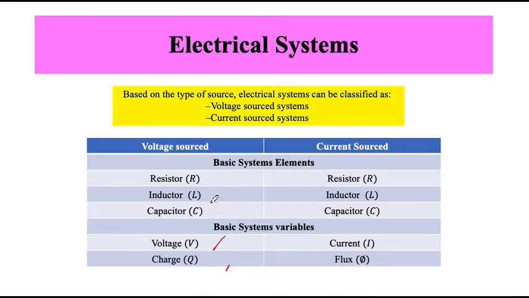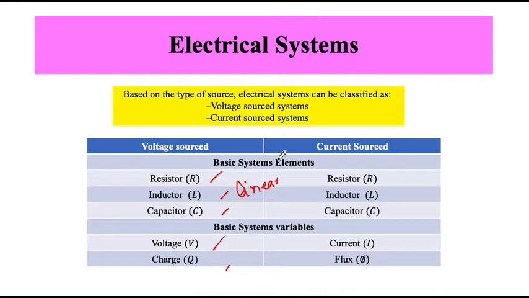We will see why this is true, why it is voltage and charge, why not voltage and directly the current, or something else. Of course the three basic elements, which we know from circuits, are resistance, inductor, and capacitor. Throughout this class we will restrict ourselves to linear elements.